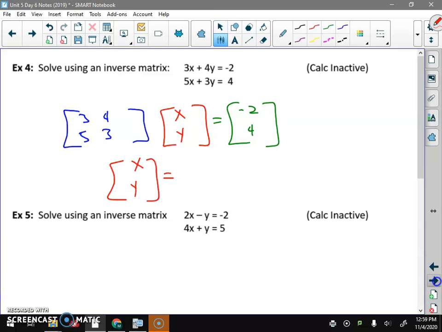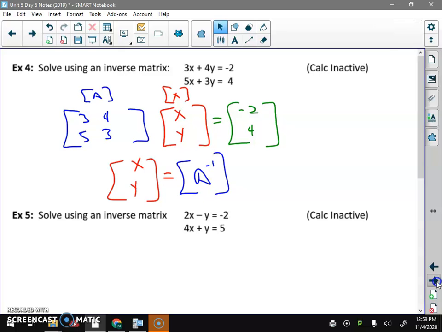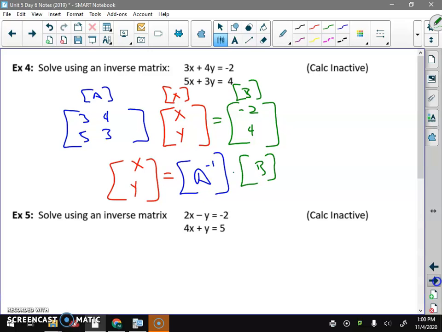What does that mean? We're going to have to find A inverse. Again, let's call this A, let's call this X, let's call this B. We're going to have to find the inverse of A, and we're going to multiply it by B. Got about a minute left, see if I can scoot real quick and find it.